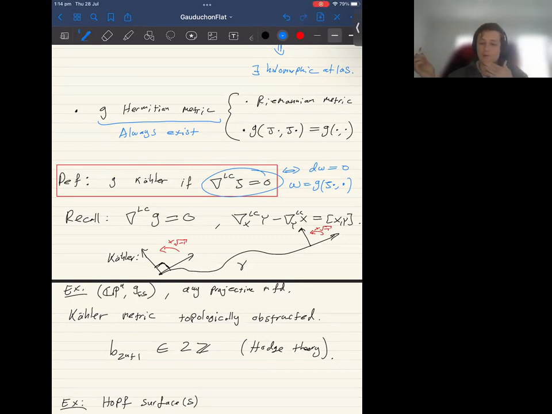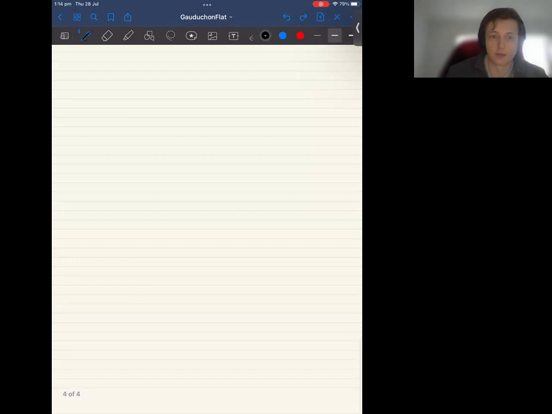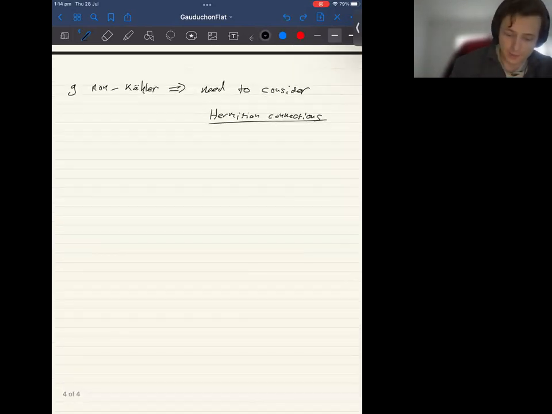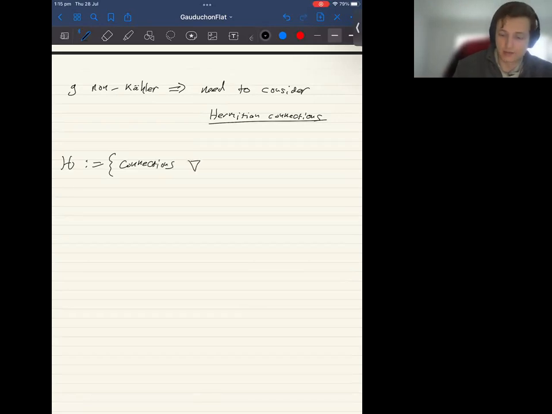Okay, so we need to look at connections perhaps by dropping this condition, allowing them to have torsion, but for which J is parallel with respect to them. Okay, so I'm going to define this space as H. This is connections nabla such that, well, they are Riemannian in the sense that g is parallel and J is also parallel.